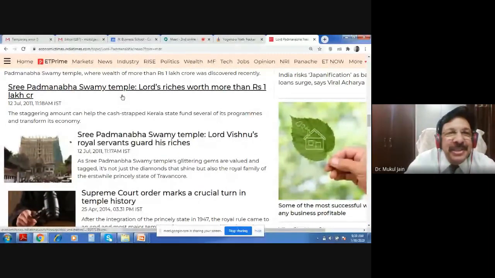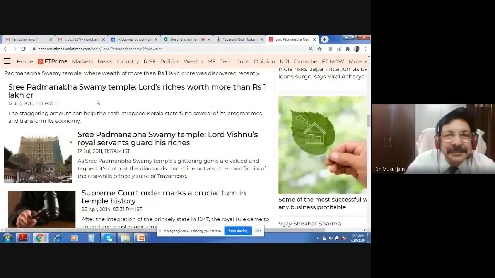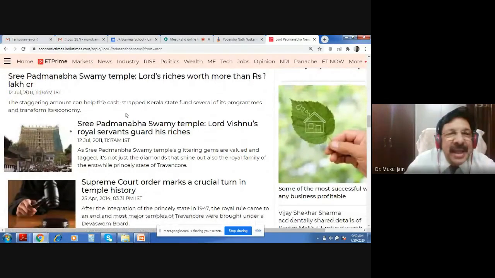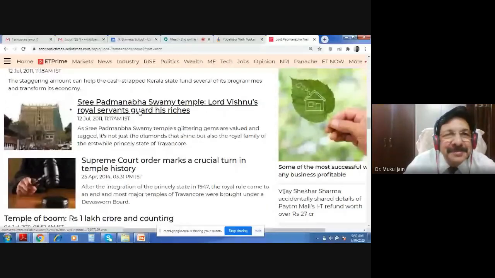Shri Padmanabha Swamy Temple, Lord's riches worth more than 1 lakh crore. The staggering amount can help the cash-strapped Kerala state fund several of its programs and transform its economy. पूरे स्टेट गवर्नमेंट की इकोनॉमिक प्रॉब्लम्स दूर हो सकती हैं.